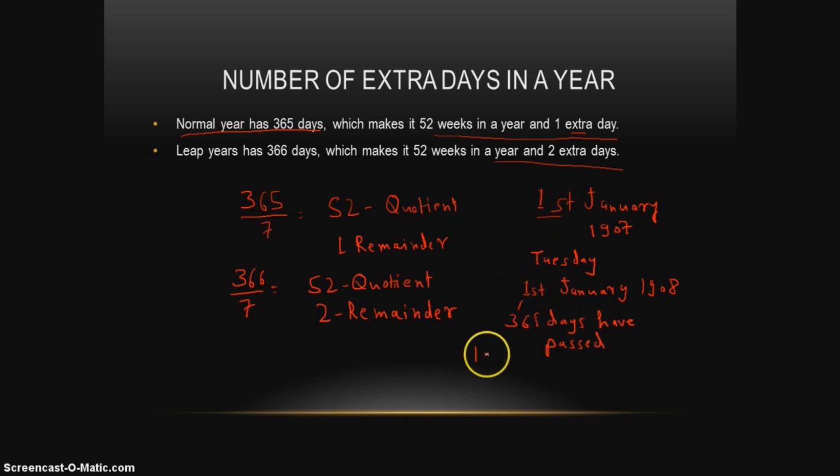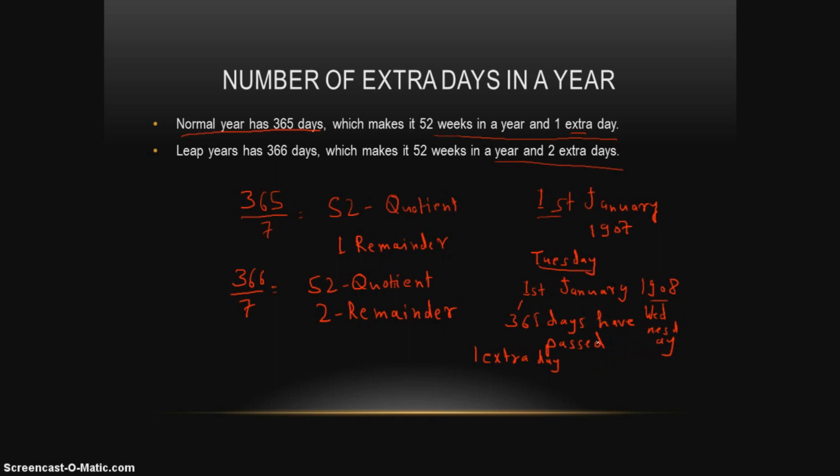That means 1 extra day, which implies that if 1st January 1907 was Tuesday, then 1st January 1908 would be Wednesday.